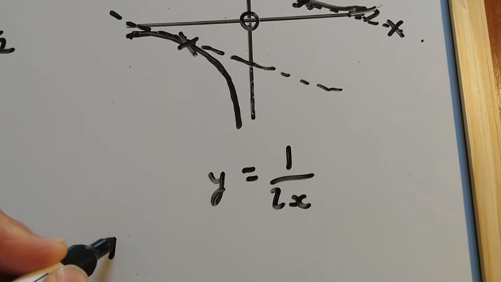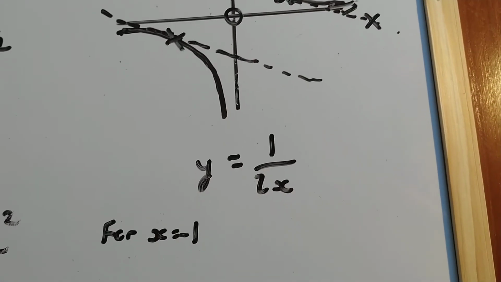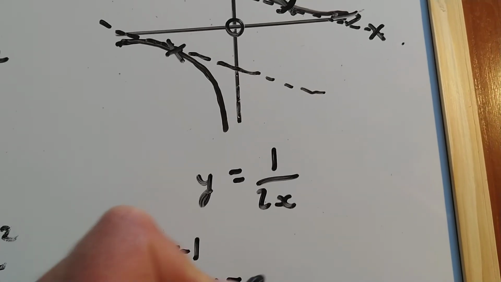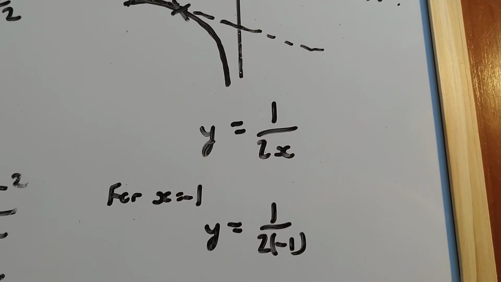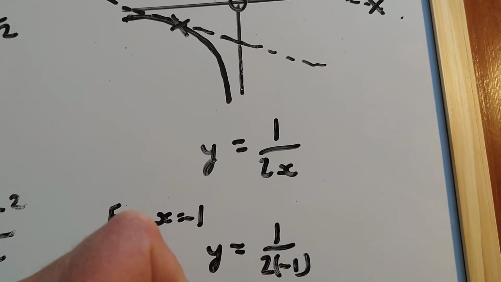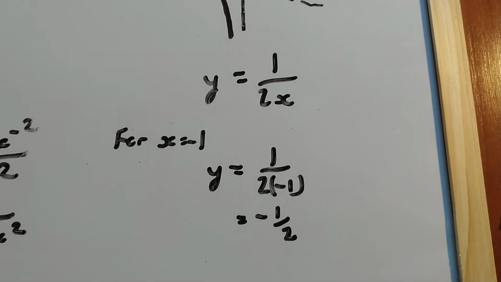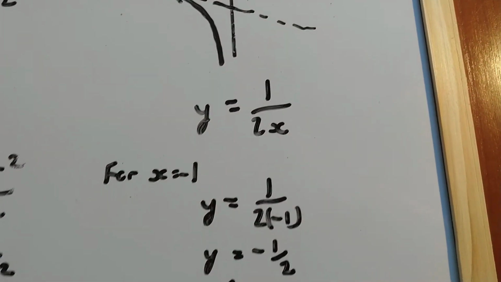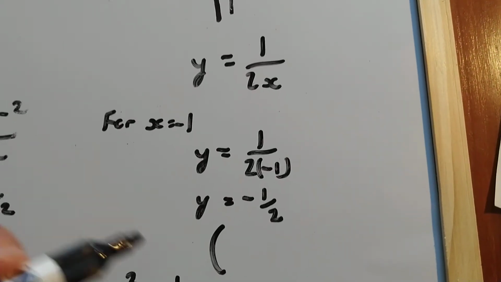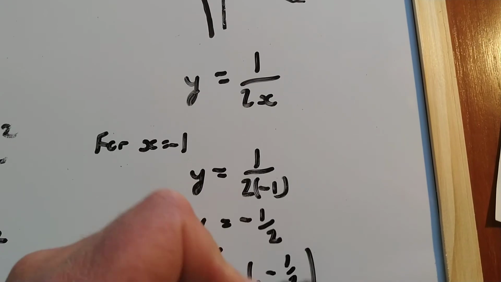So for x is negative 1, y equals 1 over 2 lots of negative 1. That gives me the point negative a half. So there's my first point. Y coordinate, x is negative 1, y is negative a half.